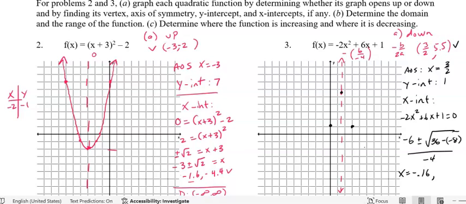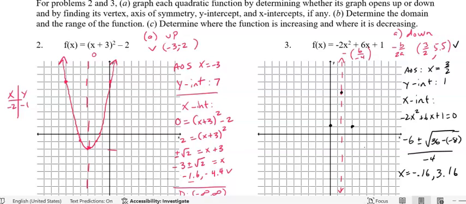And let's see, where is the other one? -6 minus the square root of 44 divided by -4. I should have one at 3.16.